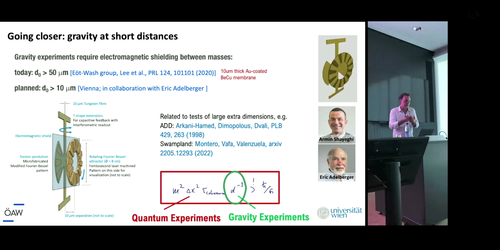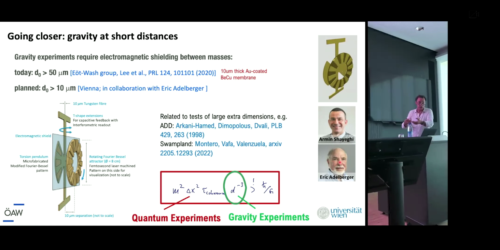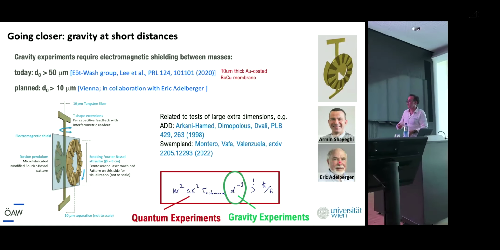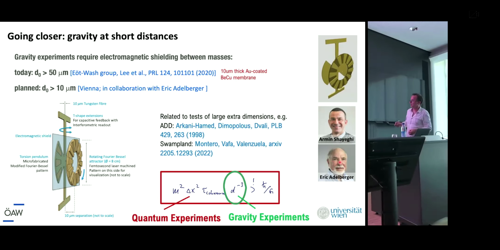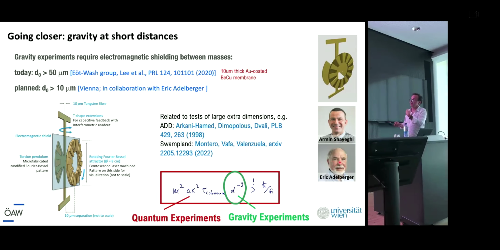And we would like to see whether we can get rid of that in a more quiet environment with a modified experimental apparatus. And so right now we are setting up an experiment where we are trying to go down to the 10 micrometer regime in gravitational coupling, which is interesting also from a high energy physics perspective.